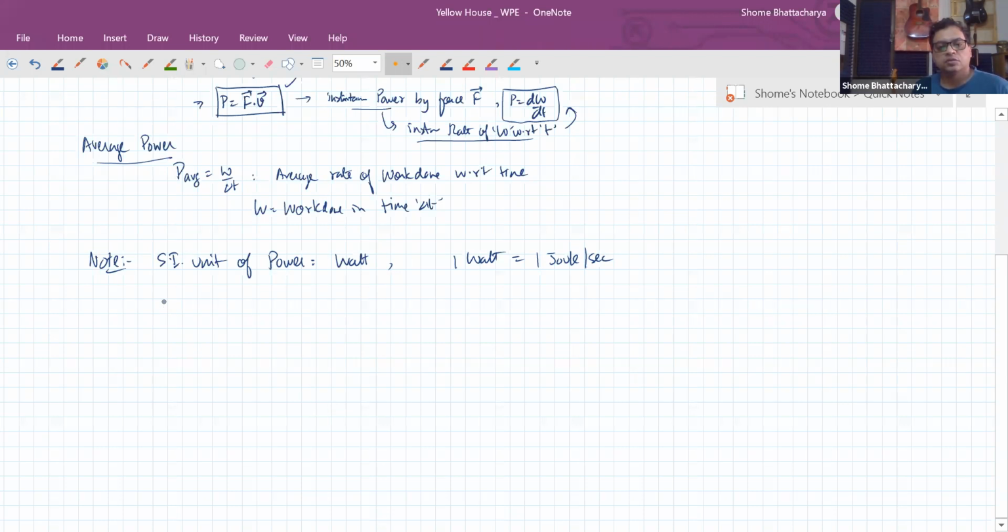There is also a unit commonly used in engineering, horsepower, or sometimes also called British horsepower.